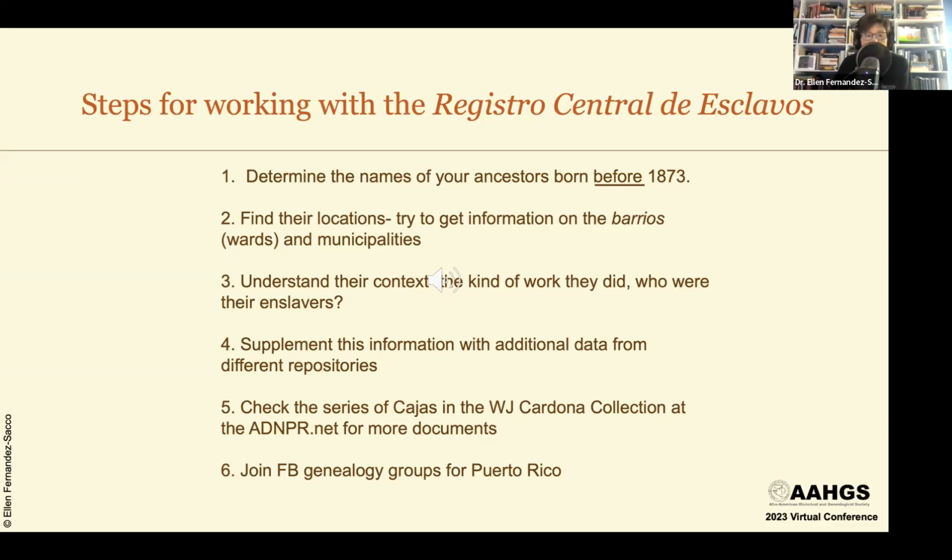You want to check the series of cajas in the Walter J. Cardona collection at the Archivo Digital Nacional de Puerto Rico for more documents. This is a massive series of documents. Basically, it came out as a result of photographs that were done of little pictures of the items in a given caja, which is a box, and those are collected into PDFs.